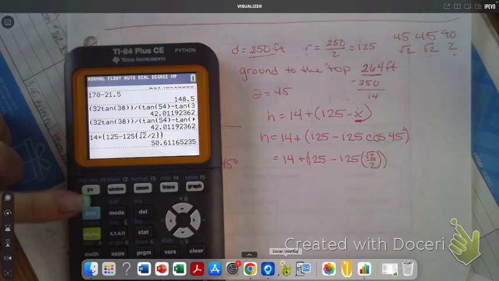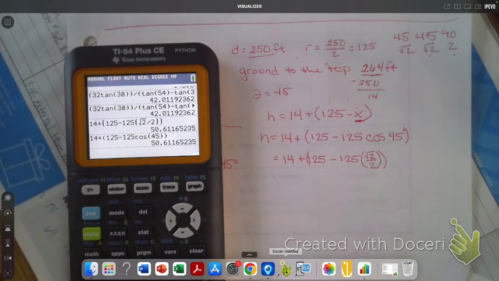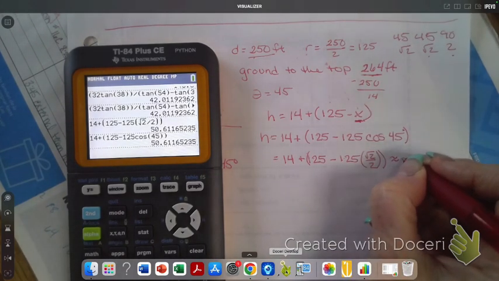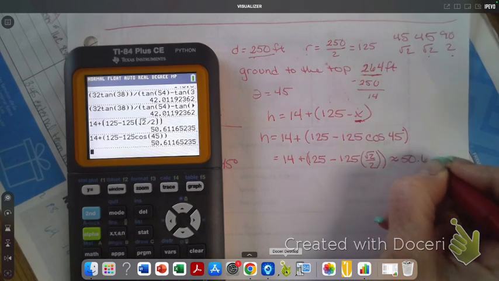Or could I put 14 plus 125 minus 125 cosine of 45? I better get the same answer either way, right? Did you get the height as approximately 50.6 feet? Yeah.